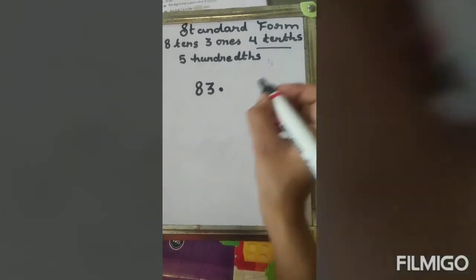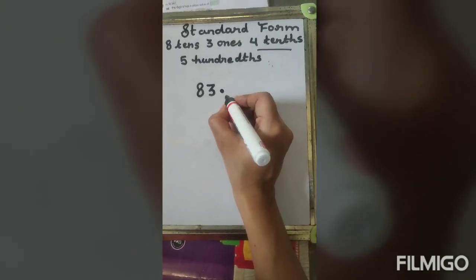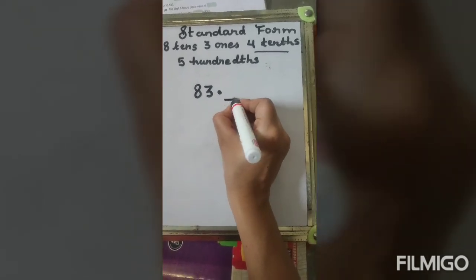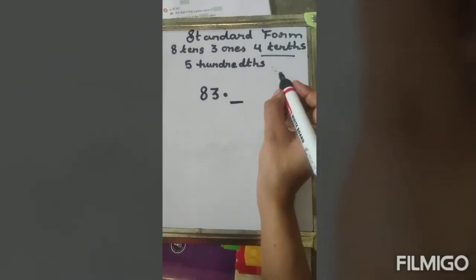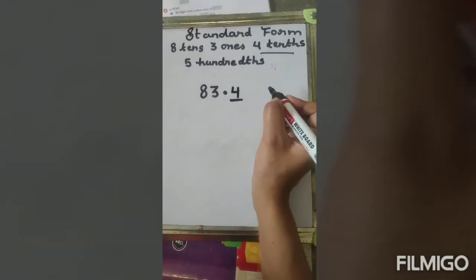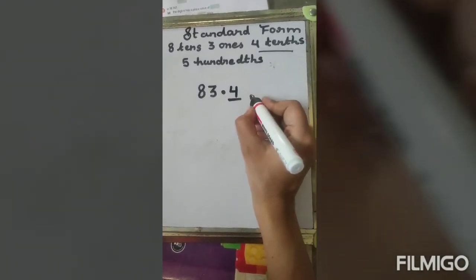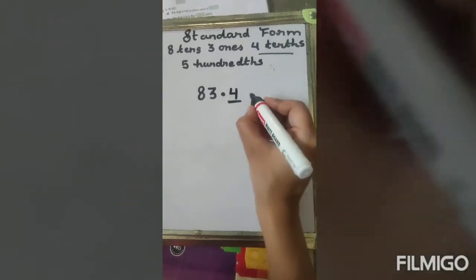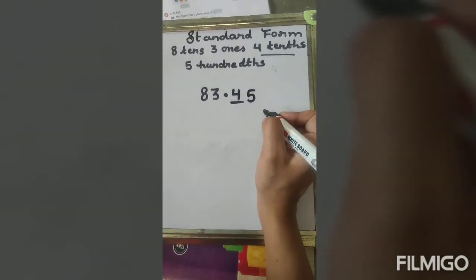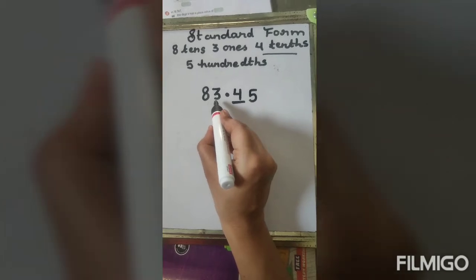How many tenths are here? 4/10. We know that after the decimal point we have to write the tenths place. Tenths place is 4. So we will write 4 here, and then how many hundredths are here? There are 5/100. So we will write it.